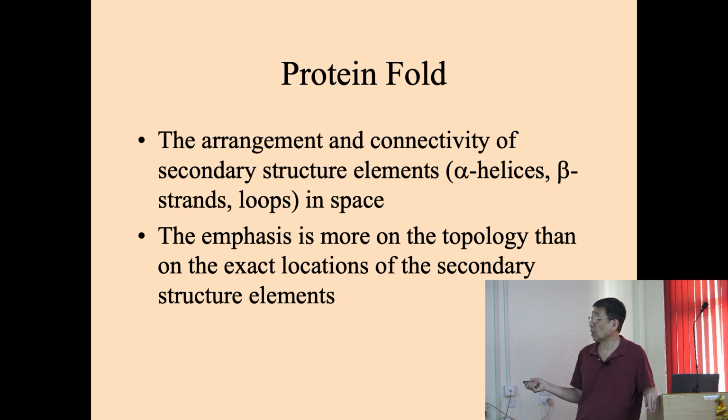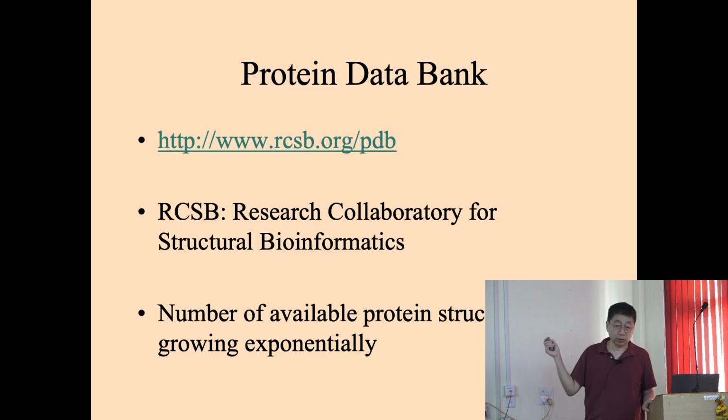So the emphasis is more on the topology, how they are arranged, rather than the detailed exact positions of some beta strands or alpha helices. You'll see some examples where two proteins share the same fold, but some have additional decorations, and that is allowed as well. They don't have to be exactly the same. This we talked about yesterday already.